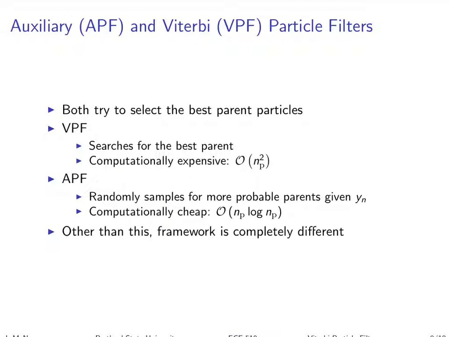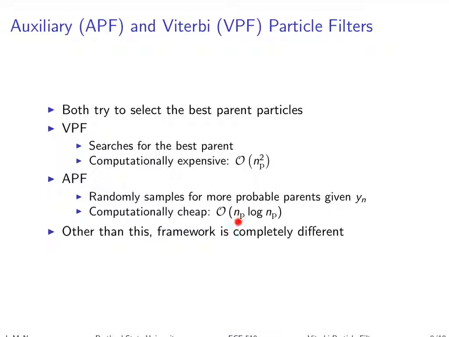The Viterbi algorithm is searching for the best parent, but it's computationally expensive, as the rest of you are picking up on, because for every particle you have to search over all the parents, and that requires order NP squared operations, where NP is the number of particles or number of trajectories. The auxiliary particle filter does a random sampling, and so it's more efficient. There's still that sort operation.